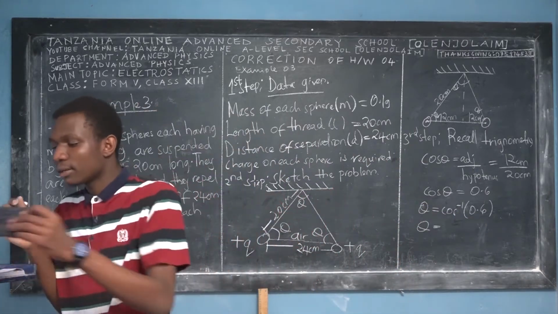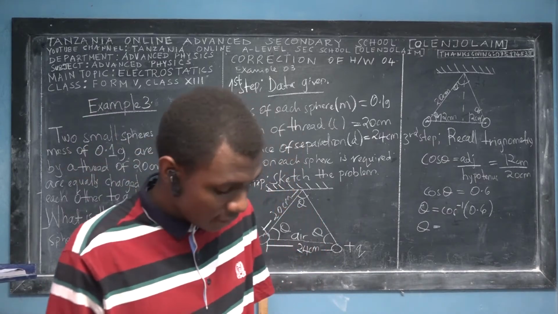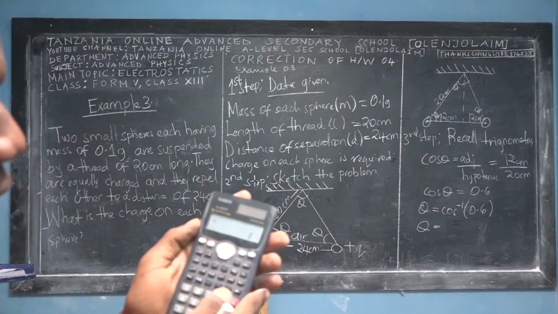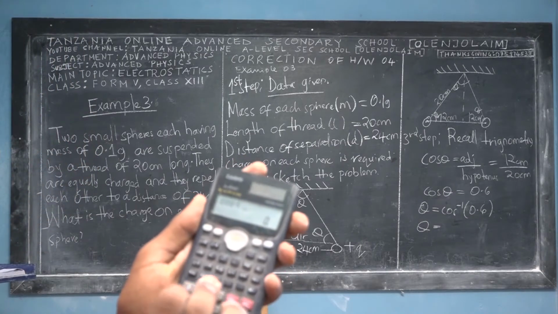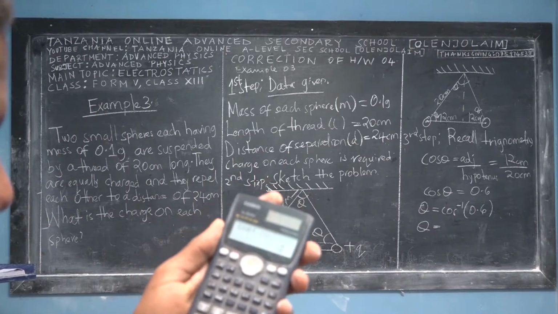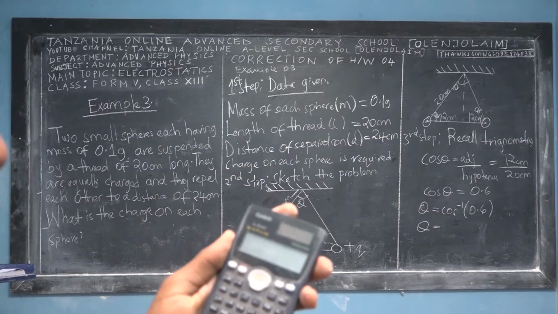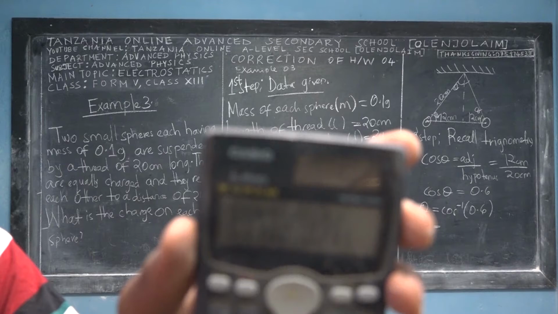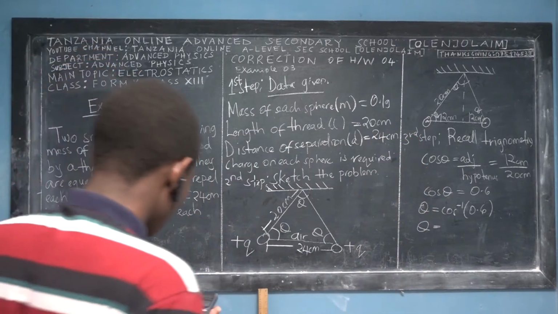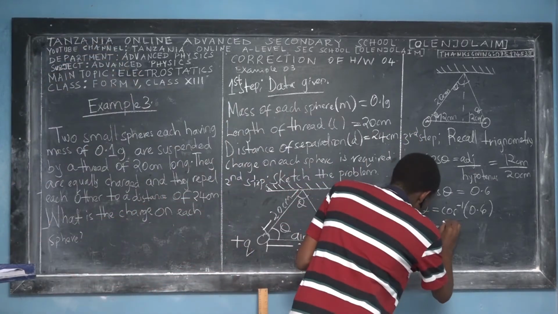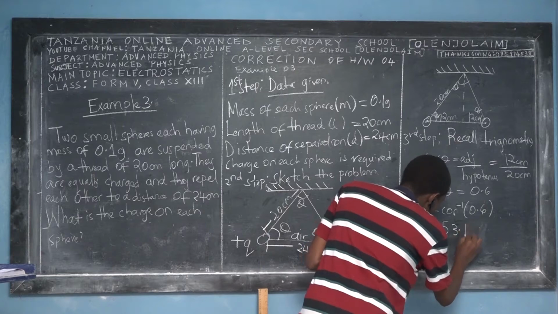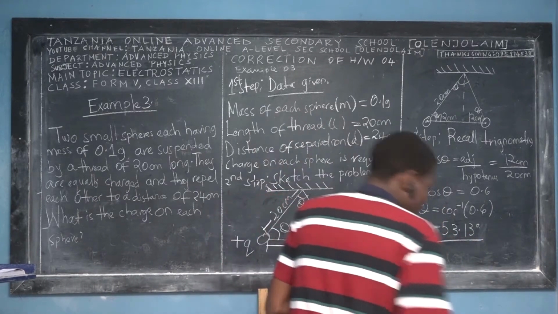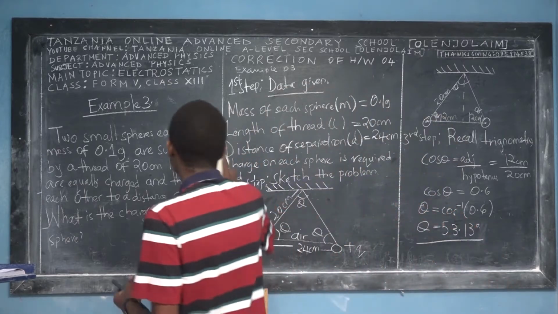Take your scientific calculator like mine here. You have to press shift, cos, open your bracket, 0.6. So theta is equal to 53.13 degrees. Are we together?